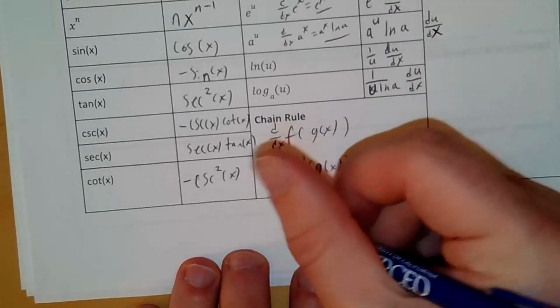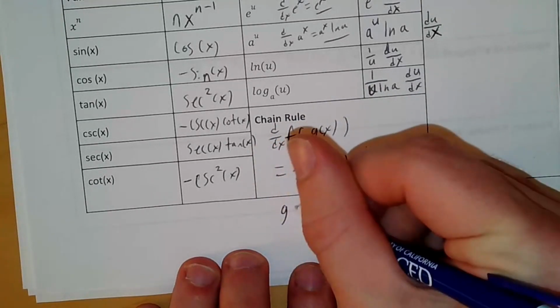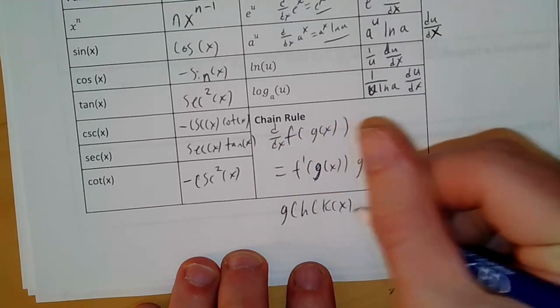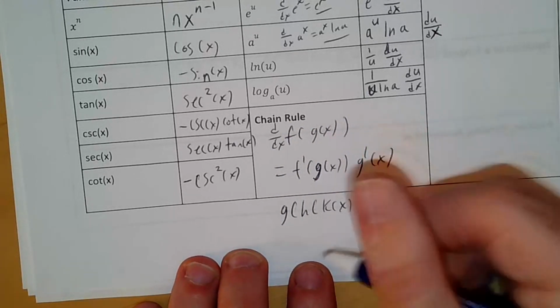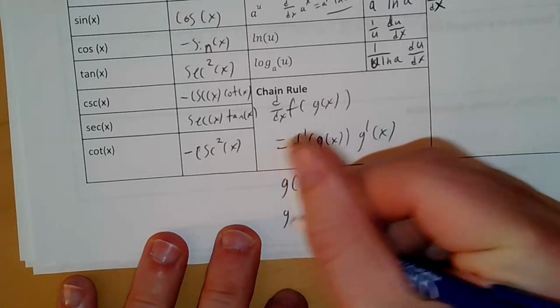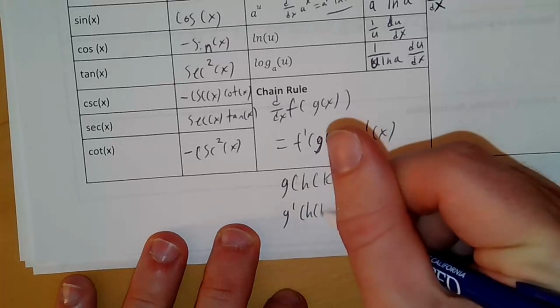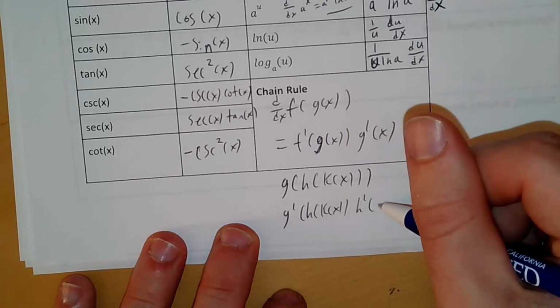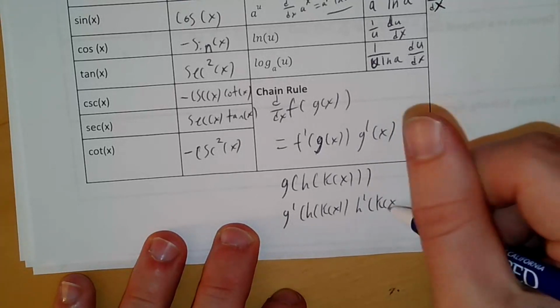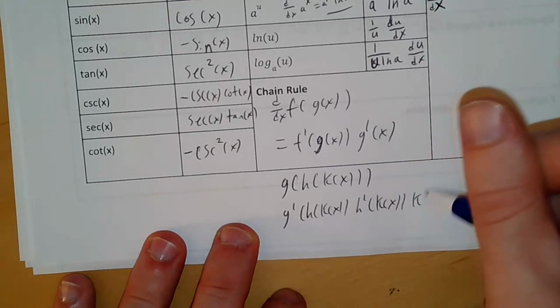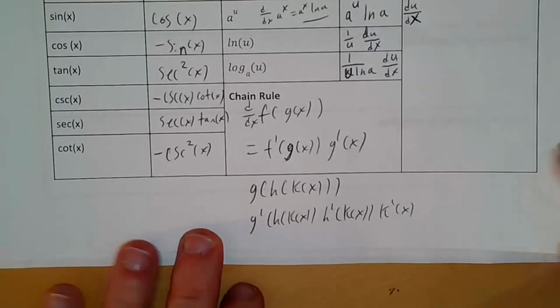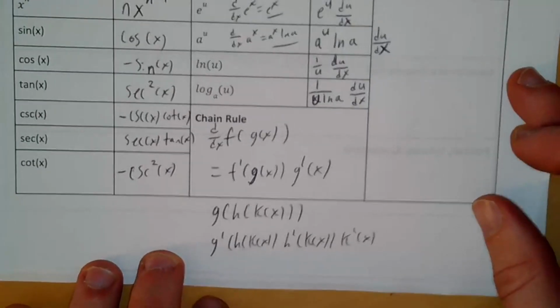For example, for g of h of k of x, it's the derivative of the outside, h of k of x, times the derivative of the middle, times the derivative of the inside. That is what we did a couple of days ago.